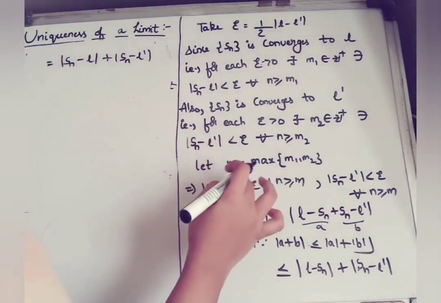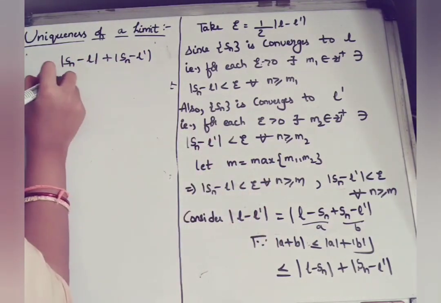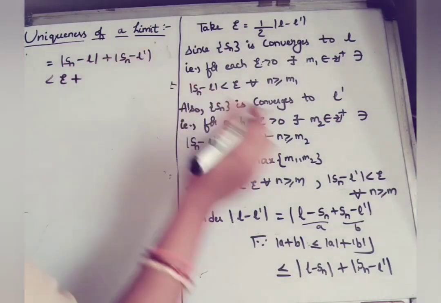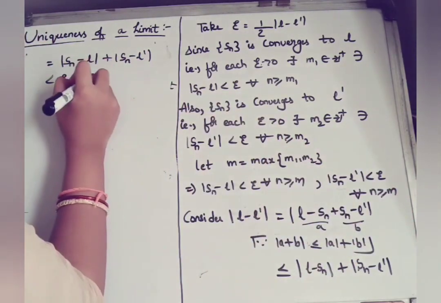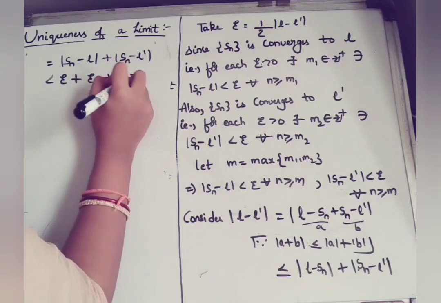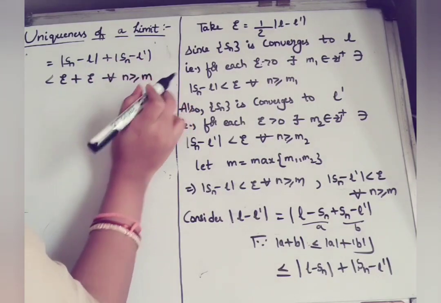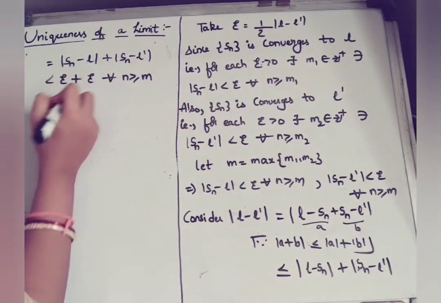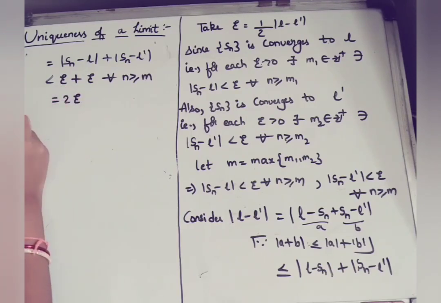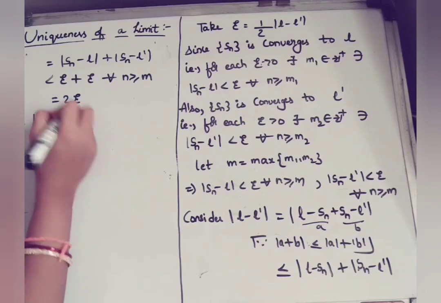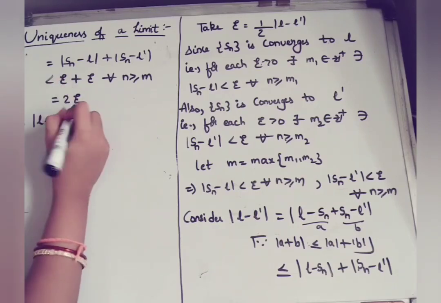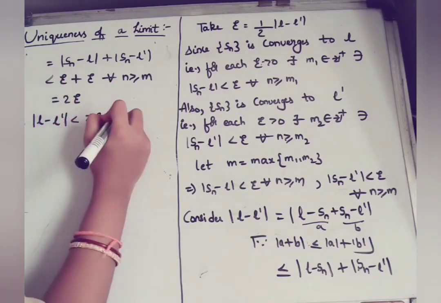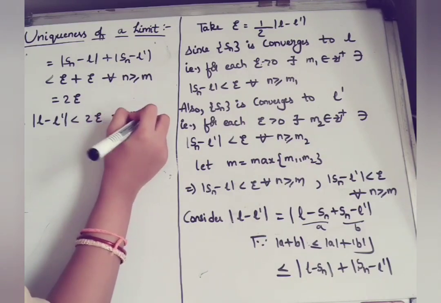Mod Sn minus L always less than epsilon, and mod Sn minus L dash always less than epsilon for all n greater than or equal to m, which is equal to epsilon plus epsilon, 2 epsilon. Starting we considered mod L minus L dash. What is our inequality here? Less than 2 epsilon for all n greater than or equal to m.